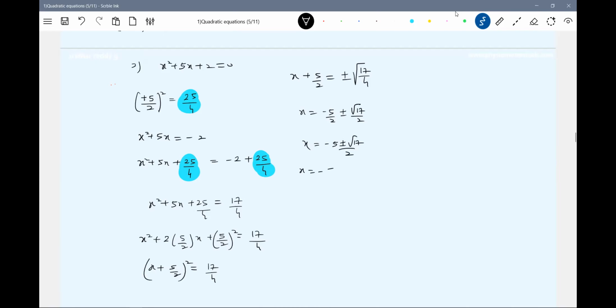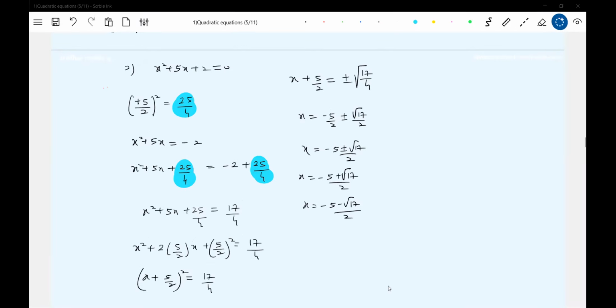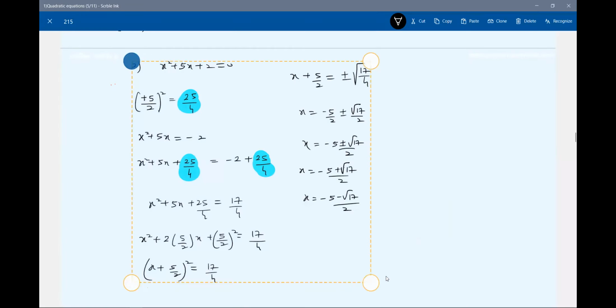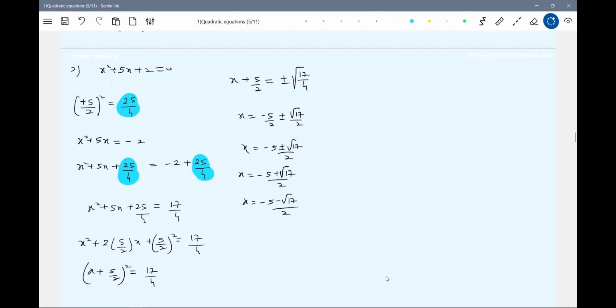One is minus 5 plus root 17 by 2, another is minus 5 minus root 17 by 2. Root 17 is 4.123. We will try to see what is the meaning of this, what actually we learned from this one.